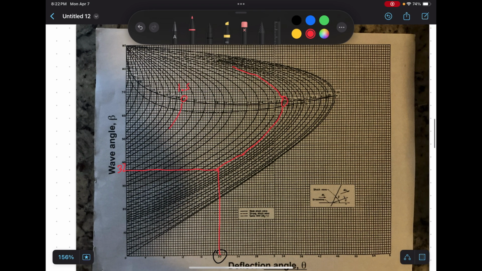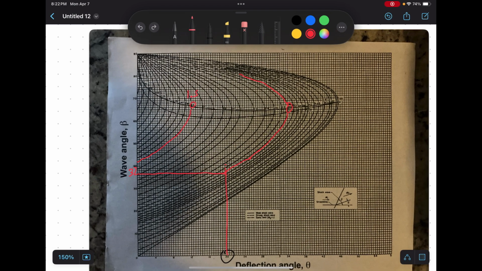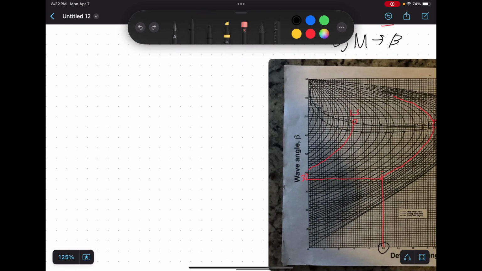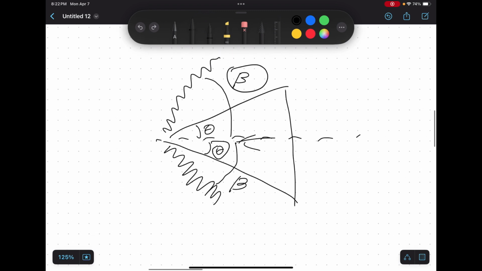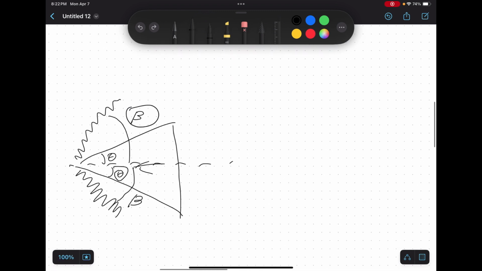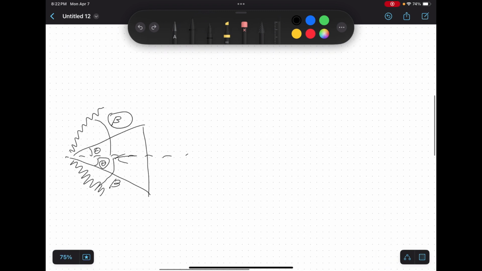Draw this line, and you realize this line never intersects with it. So what does that even mean? That means, let me just draw another triangle.